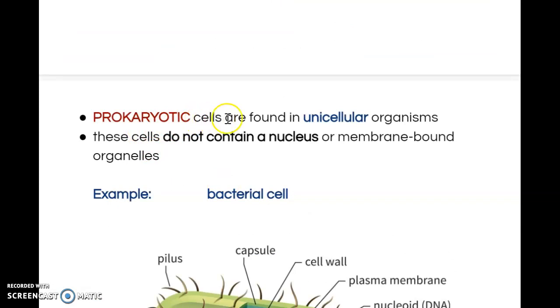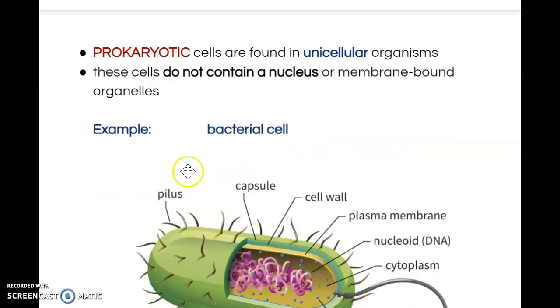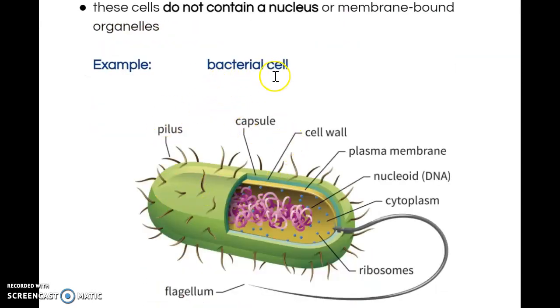Okay, so prokaryotic cells are found in unicellular organisms. These cells do not contain a nucleus or membrane-bound organelles. An example of prokaryotic is a bacterial cell. Bacterial cells have DNA just located in the middle of their cytoplasm. They have ribosomes here, which create proteins, and a flagellum, which is like a tail, to allow it to move.